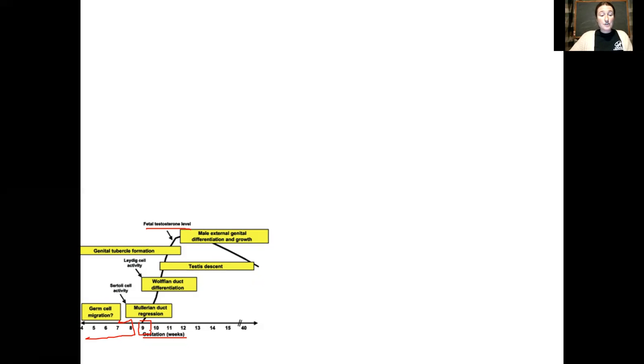But if her body is kind of dumping BPA and all these other chemicals across the placenta into her developing boy, that is going to throw off the balance between the testosterone levels produced by her baby boy and the estrogen that is going to be surrounding it and within its blood.